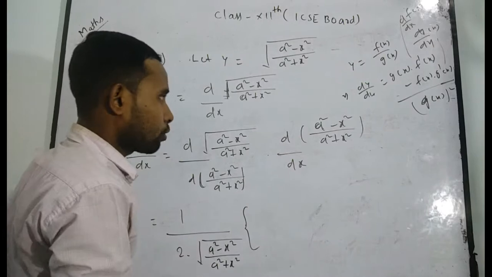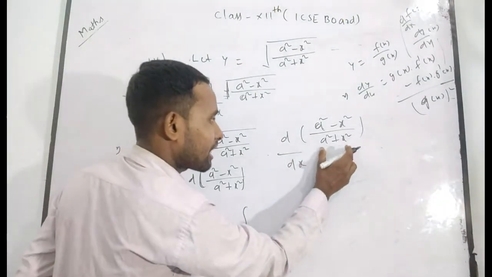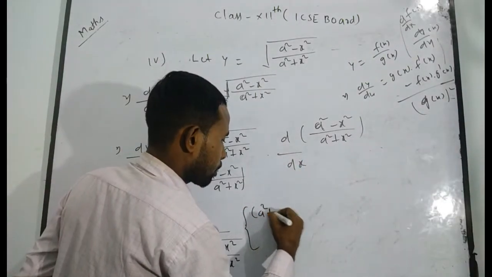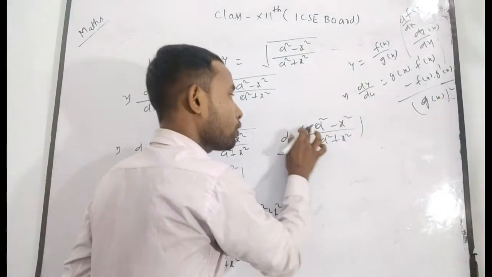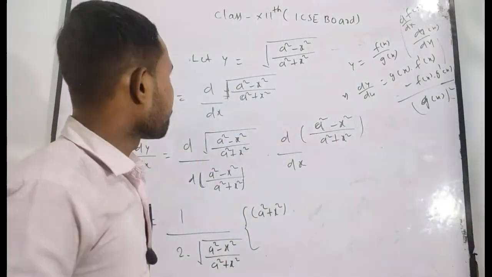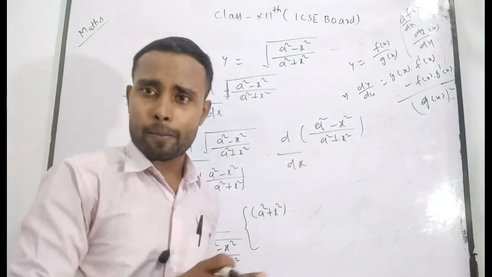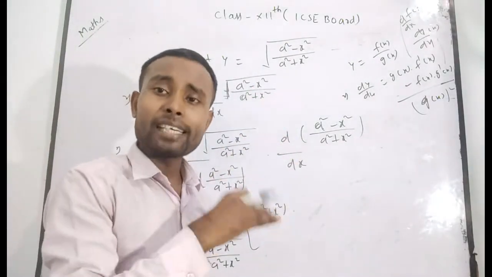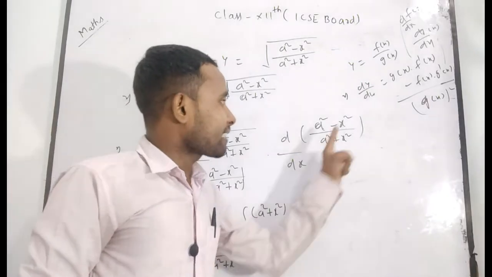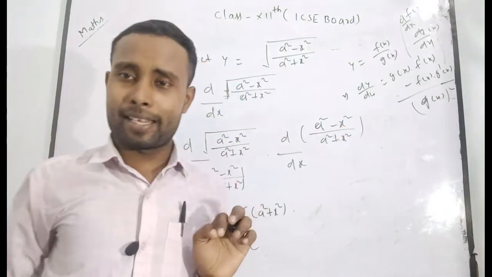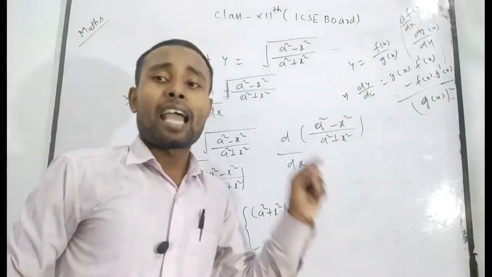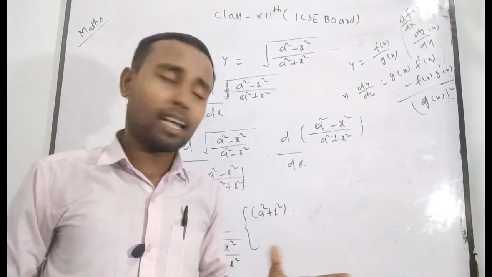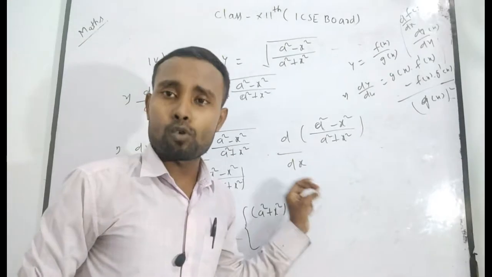Now first of all take here a square plus x square in the numerator and differentiate this term. I want to tell you again, in the whole chapter except x and y, which are variables, all other terms are constant.